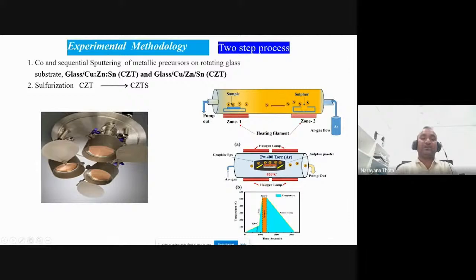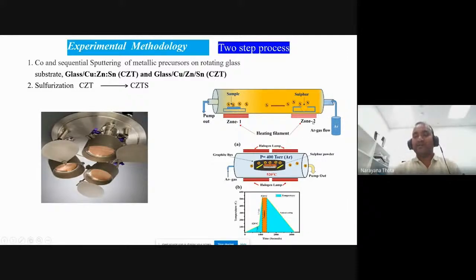So we deposit by using the sputtering method, and these metallic precursors are then used in a tubular furnace. This is a two-zone tubular furnace. At one zone we keep our sulfur powder. At the other zone we keep our samples which were sputtered from the tri-target sputtering.